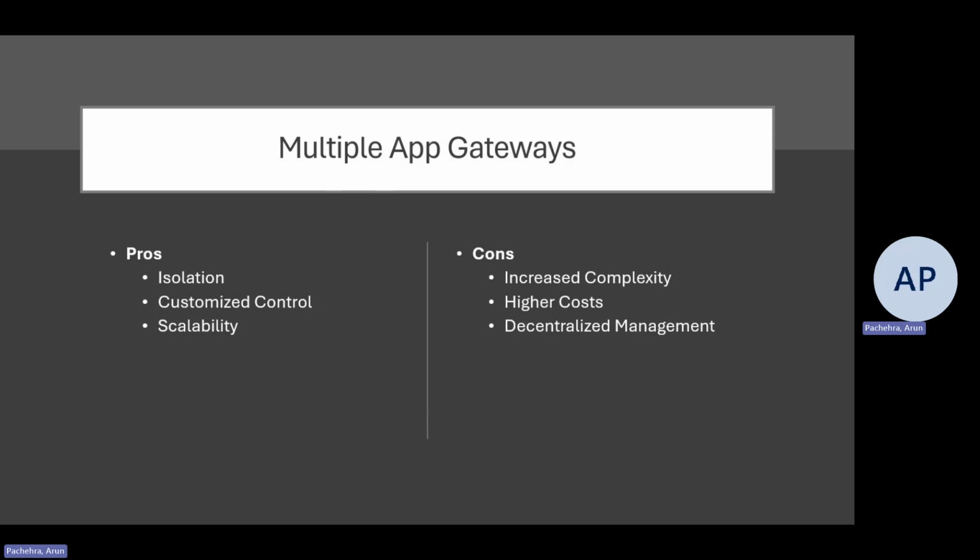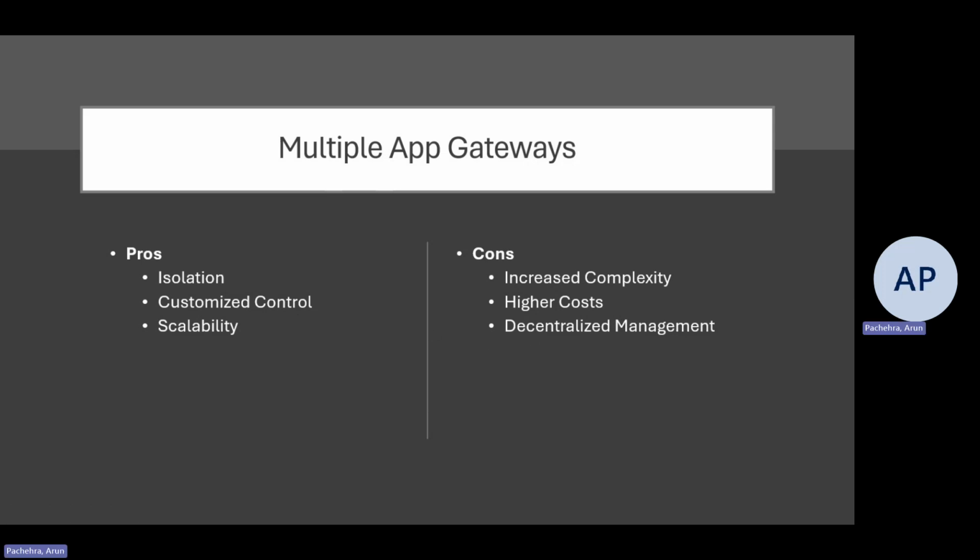Now, decentralized management is something that we will get if we are using multiple app gateways, which means security policies and configurations need to be managed individually for each app gateway, which can complicate consistency across the environment, but you have the freedom or the opportunity to work as per the requirement of a particular application on that app gateway, which means customized control is there, which makes it decentralized management.